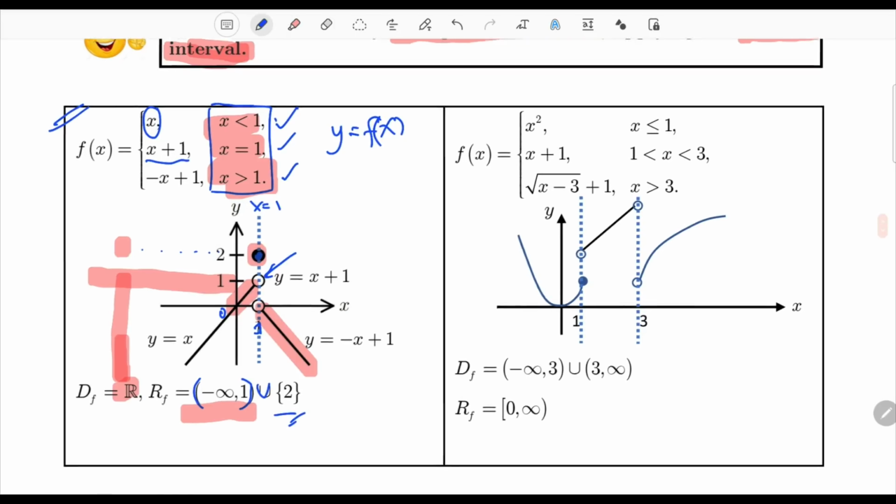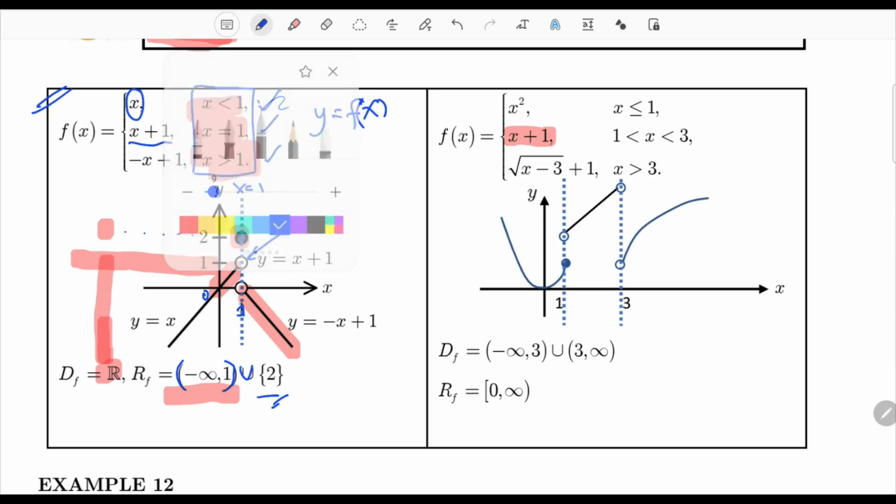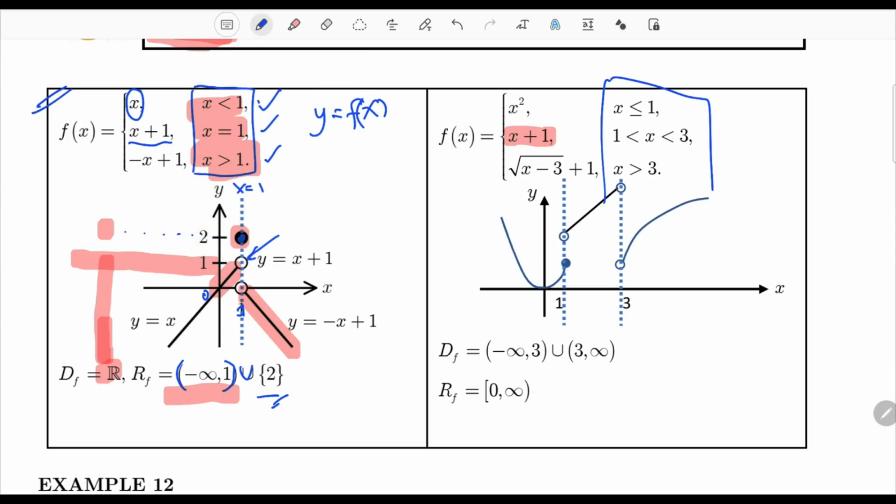Right, the next example, if you have f(x) equal to x squared when x less than or equal to 1. Between 1 and 3, you have the second function, x plus 1. When x is greater than 3, you have the third function, square root of x minus 3 plus 1. So you have to focus on the values of the range given.